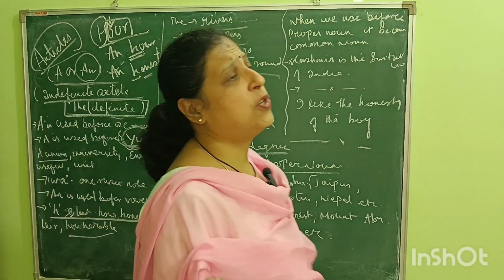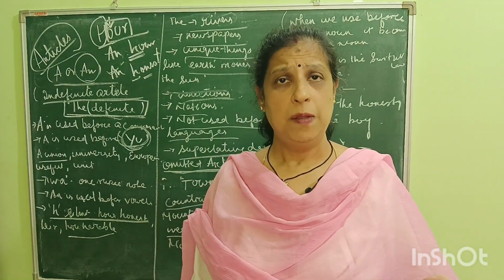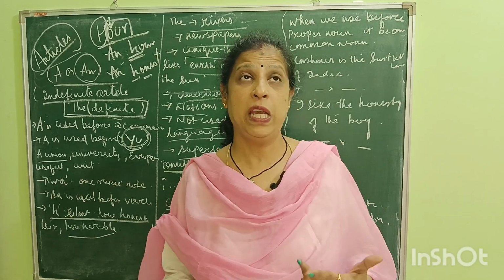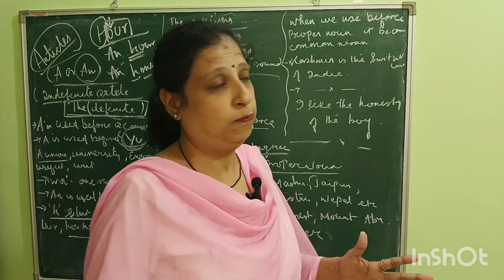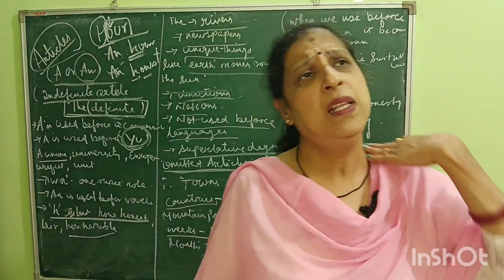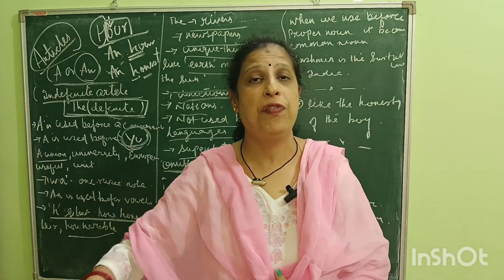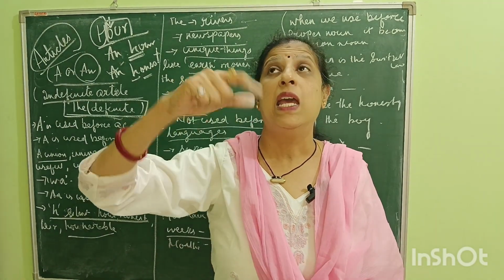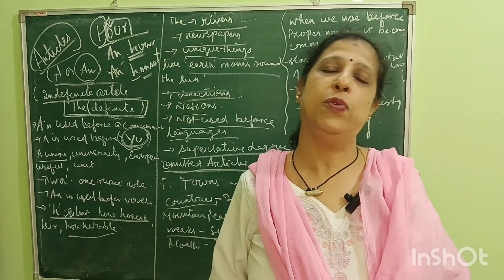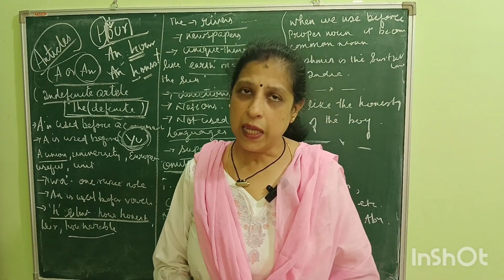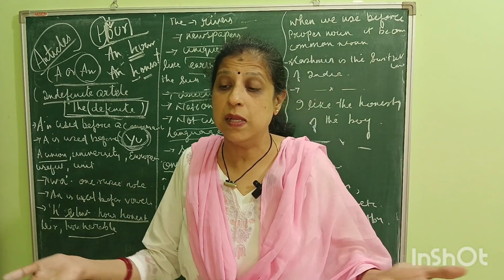But remember, children, when we use an article before any proper noun, it becomes a common noun. For example, if I say Kashmir is the Switzerland of India, in this case I can use the, because that proper noun becomes a common noun.